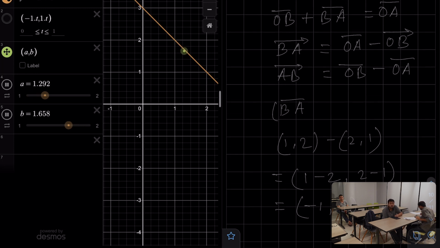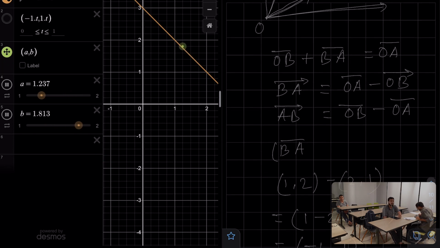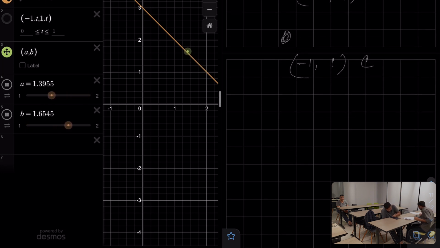So this vector BA is simply the dot moving from the point 2 comma 1 to 1 comma 2 in that direction, right? Now you can define the vector O, and let's consider the point minus 1 comma 1 as the point C. Now what is OC? The vector that starts from the center to that minus 1 comma 1 point.